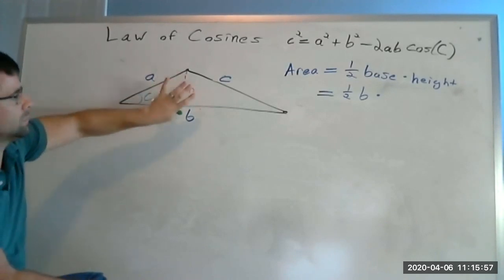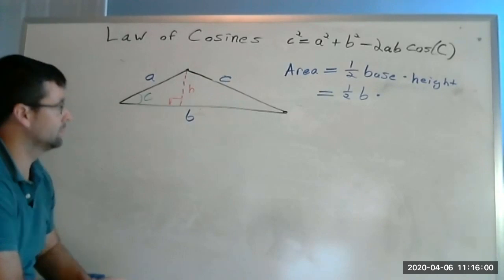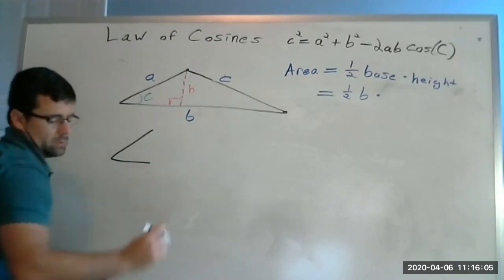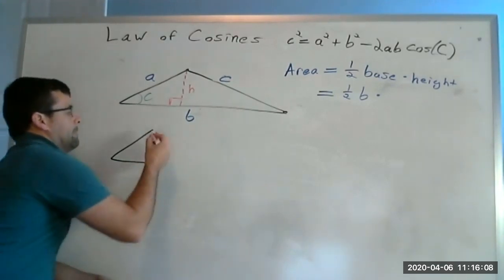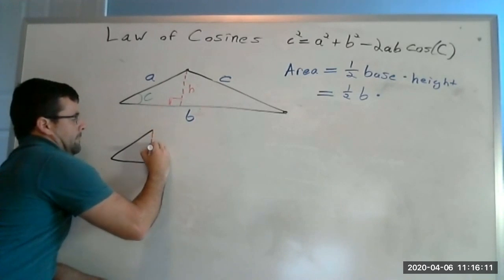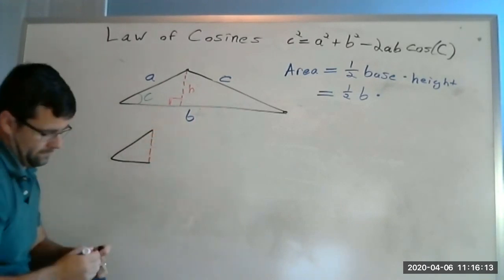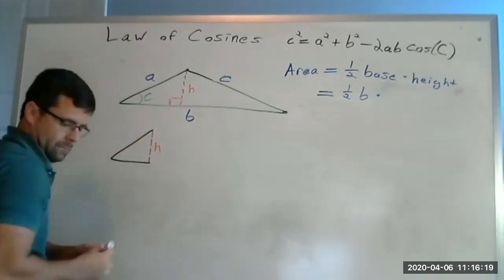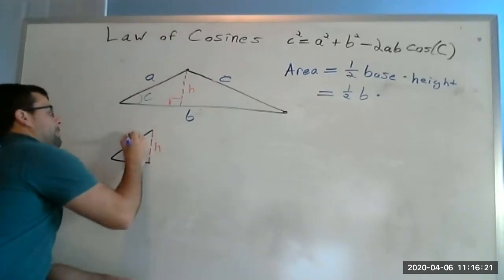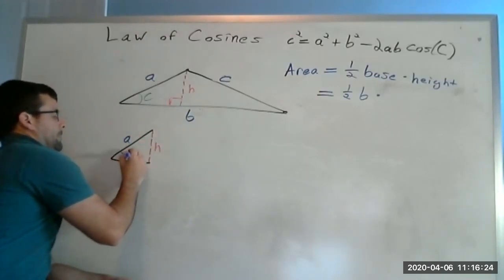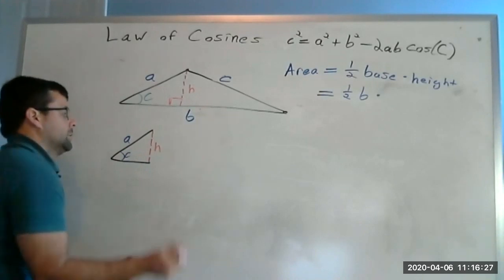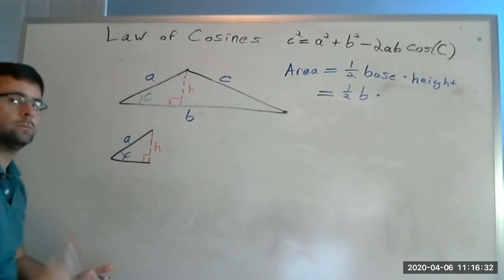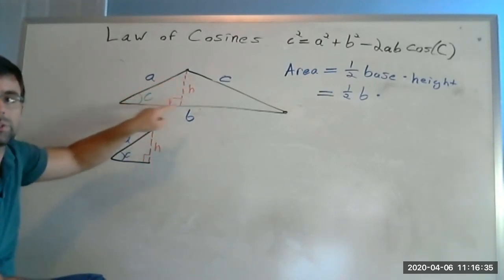If we zoom in and ignore everything else for a second, that's a right triangle, right? Just this side is a right triangle.